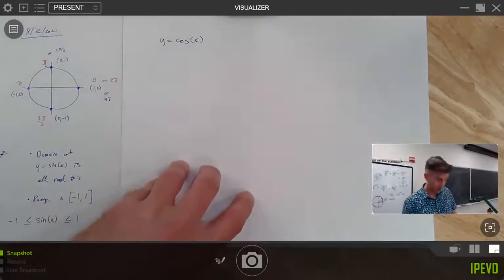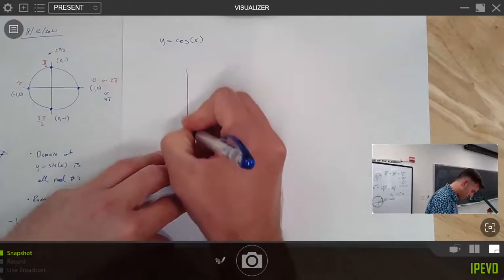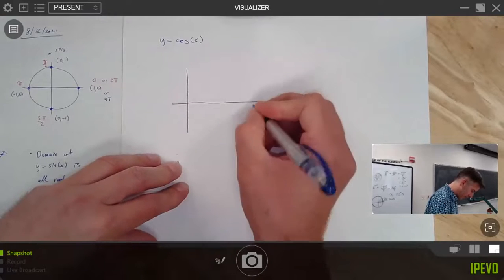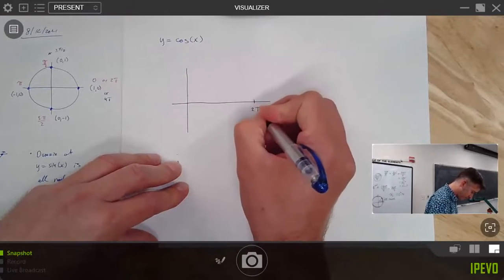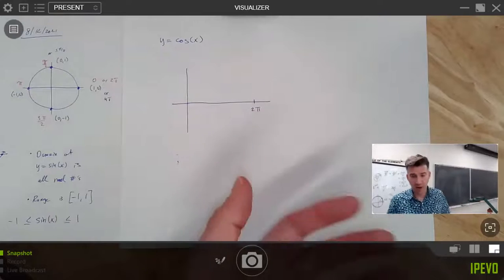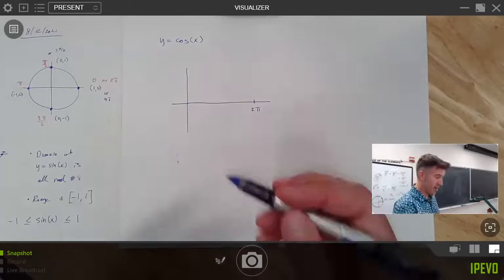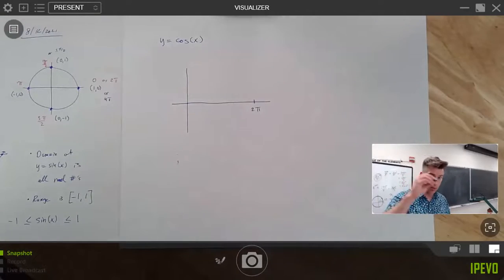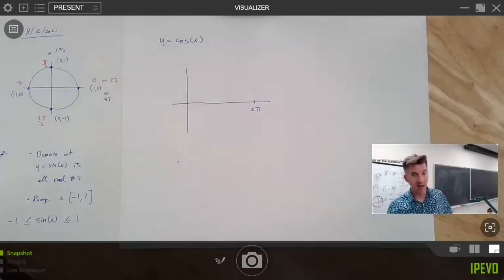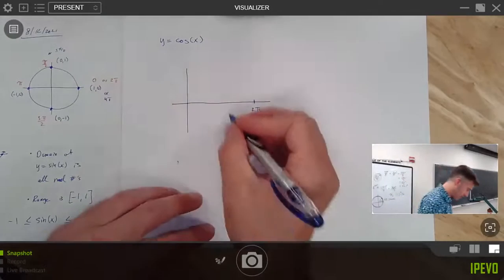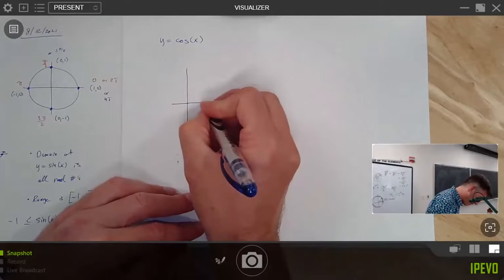I'm going to do the same thing. I'm going to mark off approximately 2 pi. Now I wouldn't actually mark 1, 2, 3, 4, 5, 6, and then say 2 pi is a little bigger. I would just say there's 2 pi, and I'm going to cut it in half and half again.